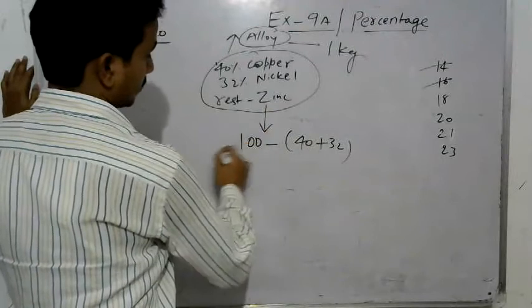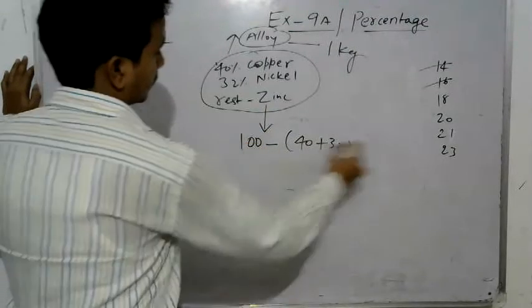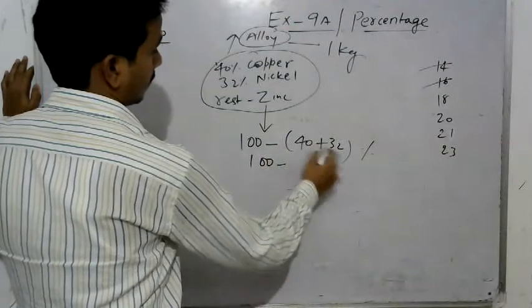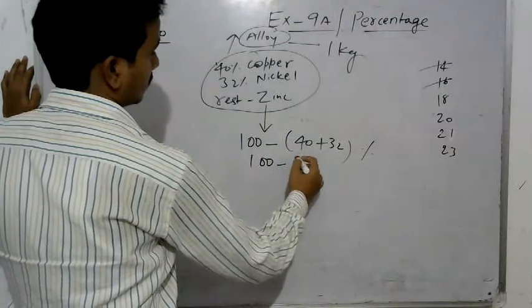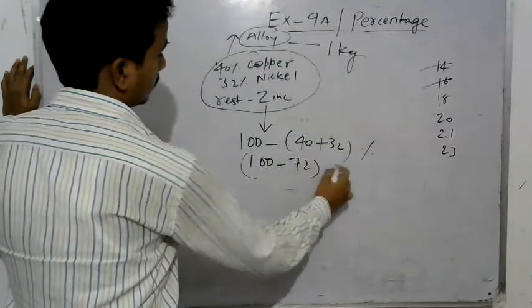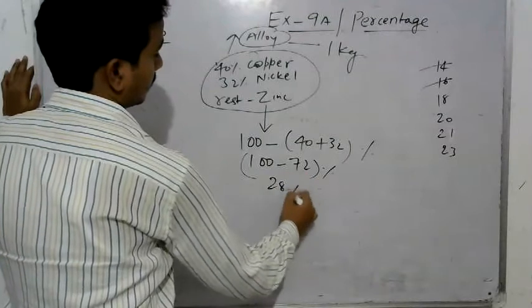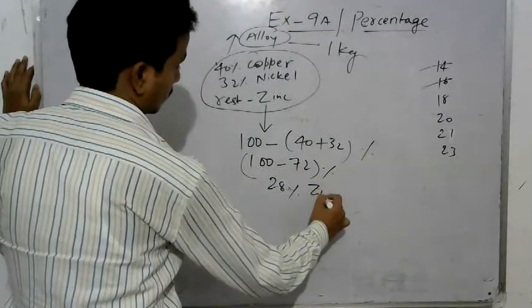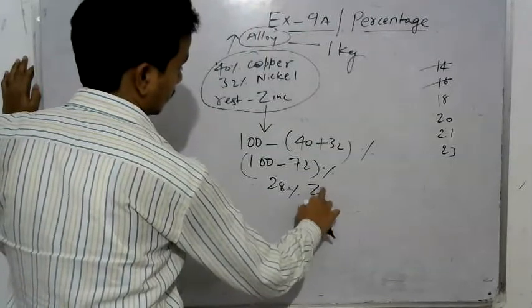So 40 plus 32 is 72%, which means 28% is zinc.